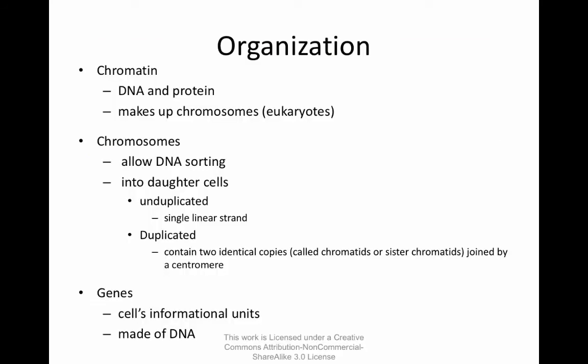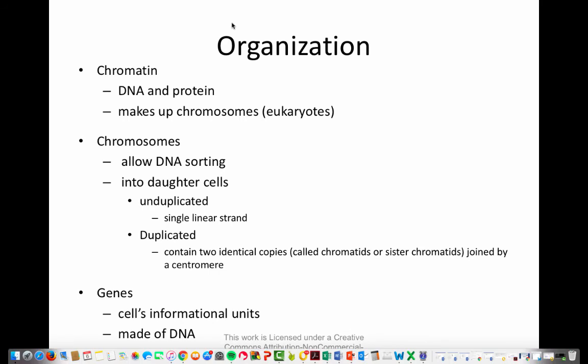So if you remember what chromosomes looked like here, remember they started out as chromatin. Chromatin is pieces of DNA and protein coming together, and this is what ends up making chromosomes, right? If you remember, inside the nucleus you saw all the different lines. This is what chromosomes look like when they're normal, not dividing, right?